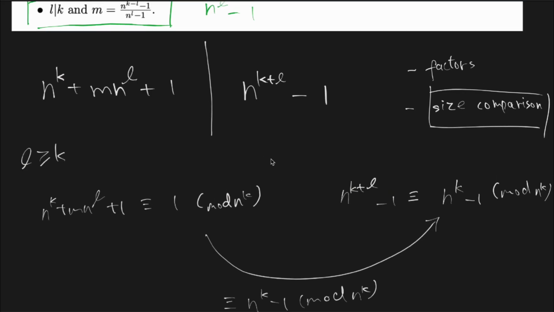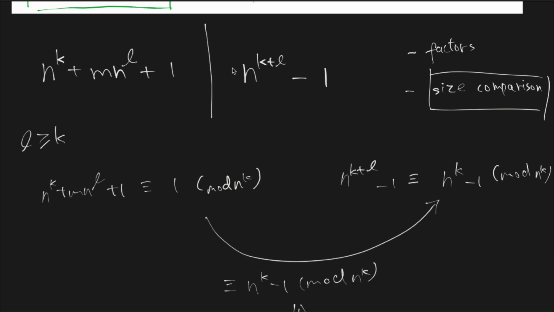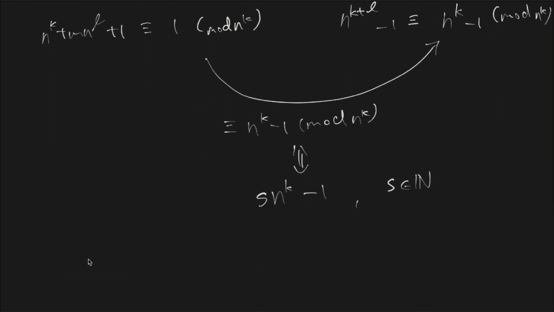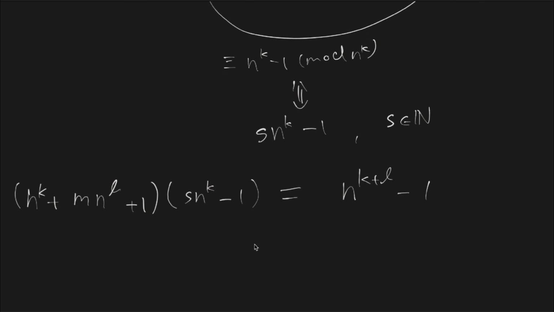Okay, and this is a quotient, so obviously we should just multiply this thing and see what we can get. So we want to multiply n to the k plus m n to the L plus 1 by s n to the k minus 1. This should be equal to n to the k plus L minus 1.